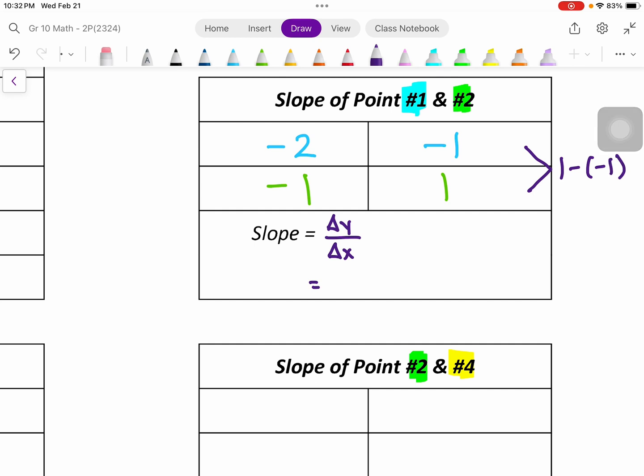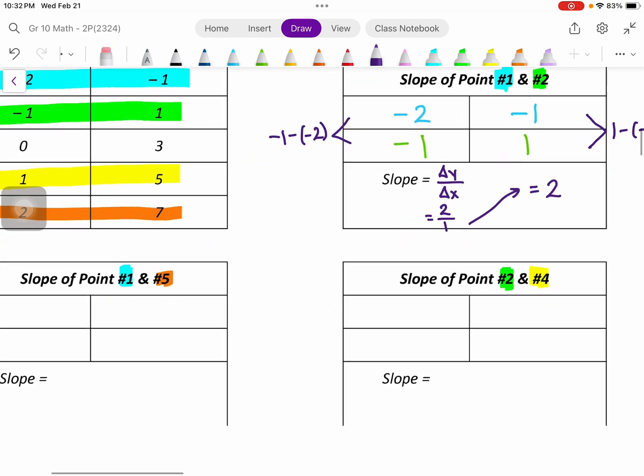That gives me my delta y, and that is equal to 2. And same thing over here to find my delta x. So I have negative 1 subtract negative 2, which is equal to 1. And 2 divided by 1 is equal to 2. So here I have a slope of 2.